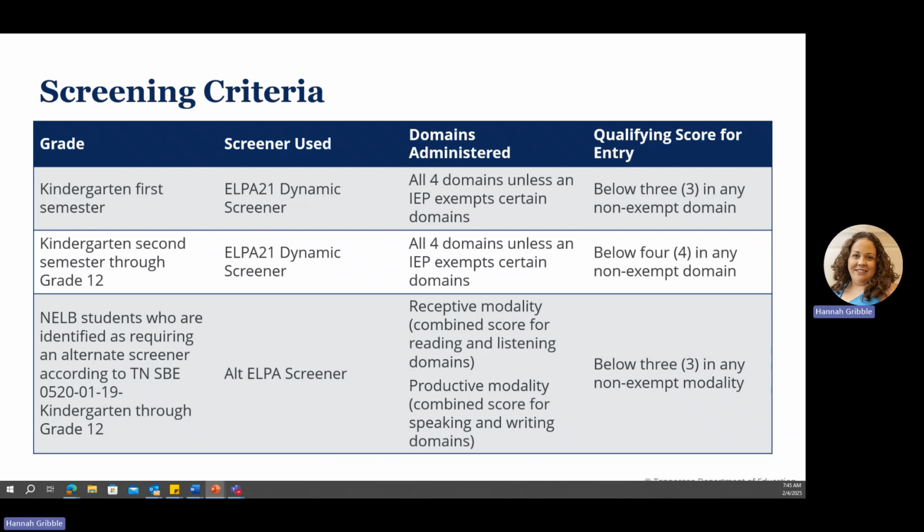The qualifying score for entry for second semester kindergarten through grade 12 is below 4 in any non-exempt domain. Students who take the ALT screener will have receptive and productive modality scores. The qualifying score for entry is below 3 in any non-exempt modality.